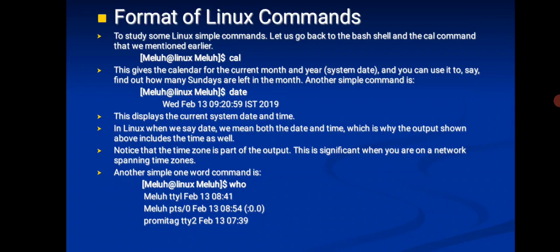Based on the system date, if we give the date command, it will give both date and time, right? Then we should notice that the time zone is part of the output. This is significant when you are on a network spanning time zones.